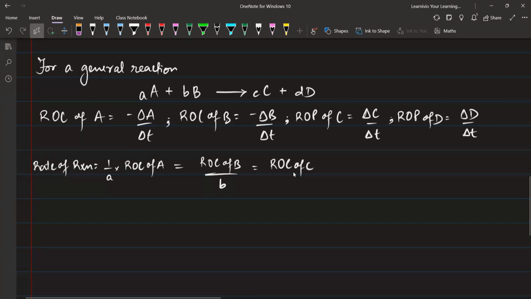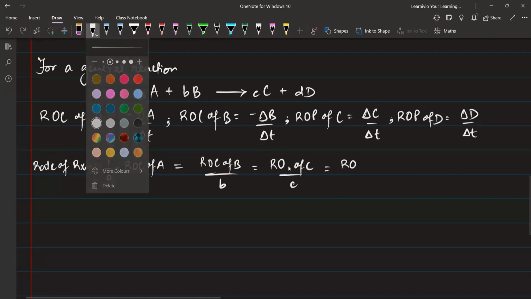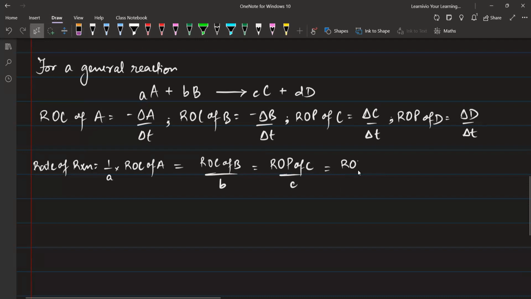Rate of production of C divided by c, this c is the coefficient, and rate of production of D divided by small d, that is the coefficient. ठीक है, थोड़ा इन सब चीजों को थोड़ा ध्यान में रखिएगा. I can similarly write 1 upon a, and what is rate of consumption of A? It is minus del A by del T.